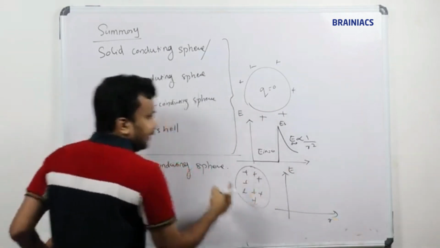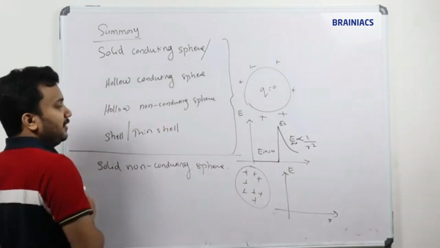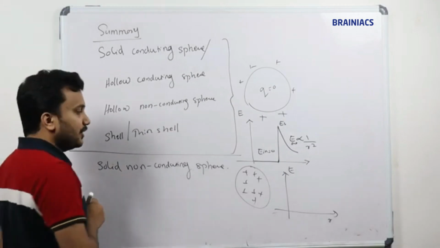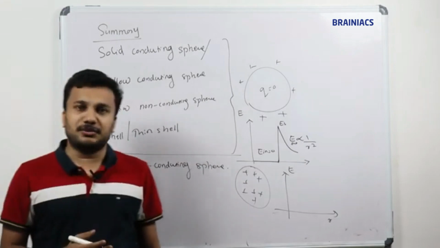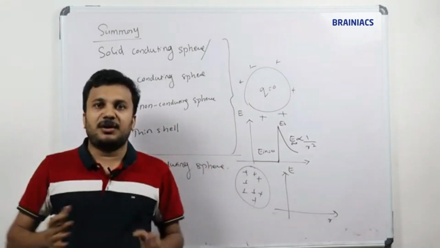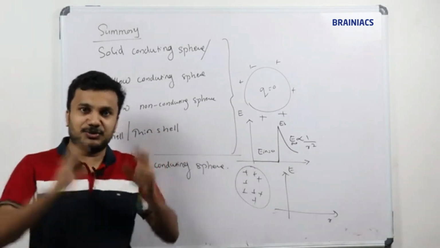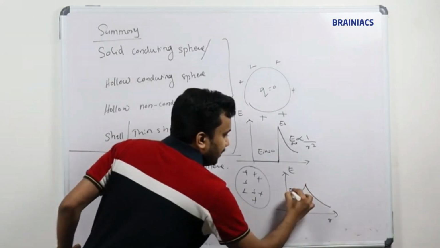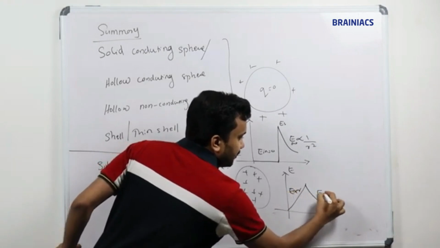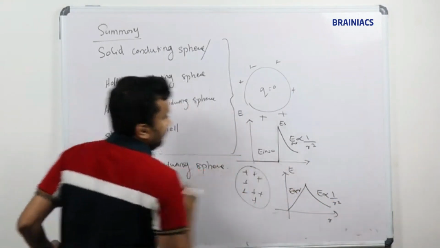If you refer to my last videos, you can see electric fields are present inside. Inside it is not 0, at the surface it is not 0, outside also it is not 0. So electric fields exist everywhere. E is proportional to r here, and E is proportional to 1 by r square here.